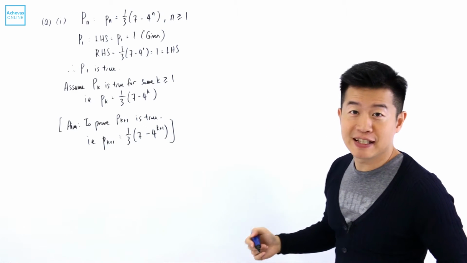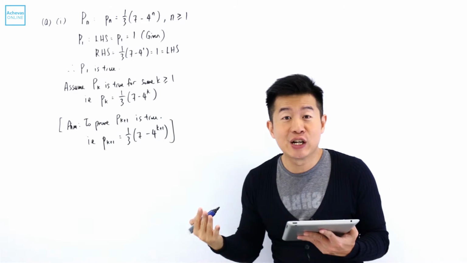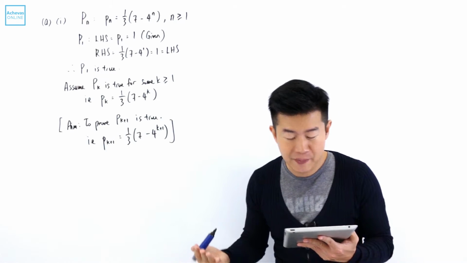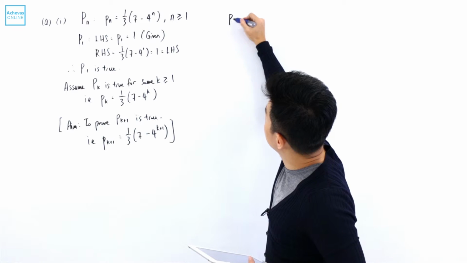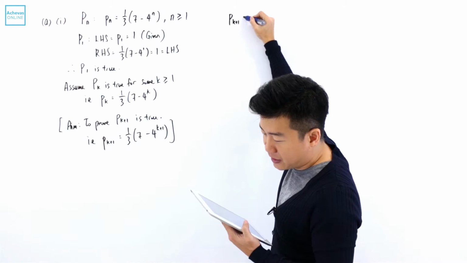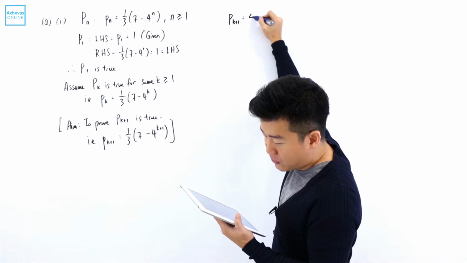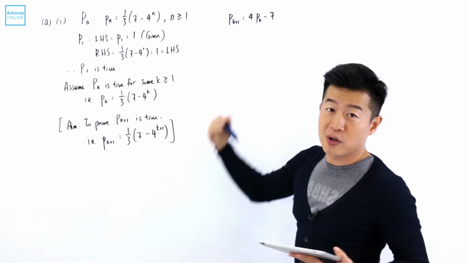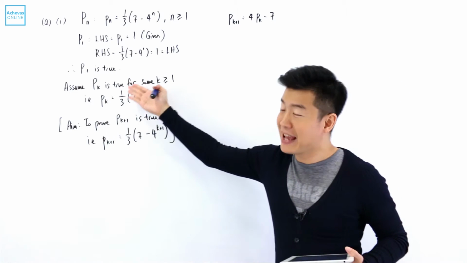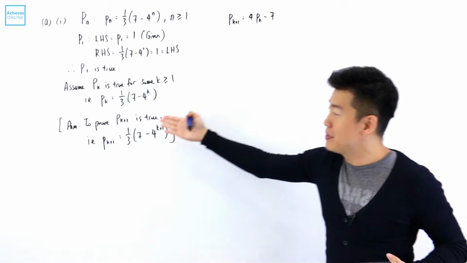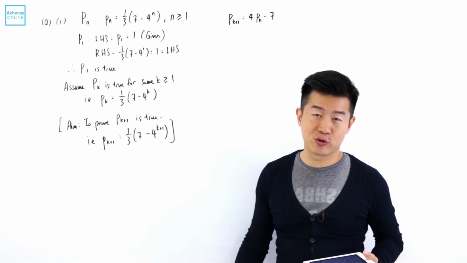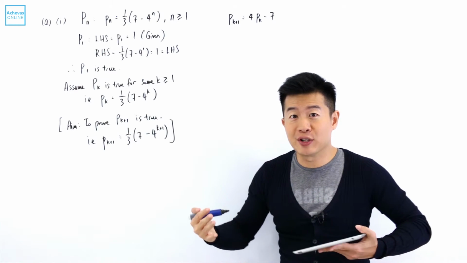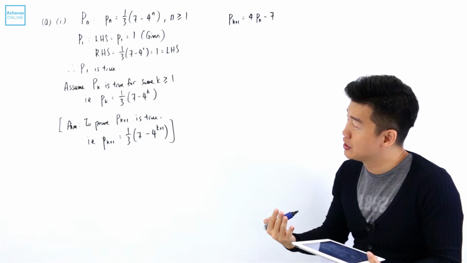And how do I achieve this aim? I'm going to make use of the recurrence relationship that is given to us. It is given to me that Pk plus 1 can actually be rewritten as 4Pk minus 7. And this will allow me to bring the Pk proposition into the Pk plus 1 proposition that I'm trying to show. Because this is how I'm going to try to establish the relationship.